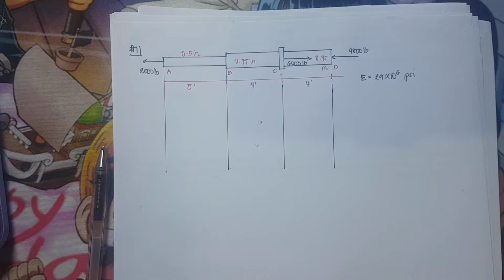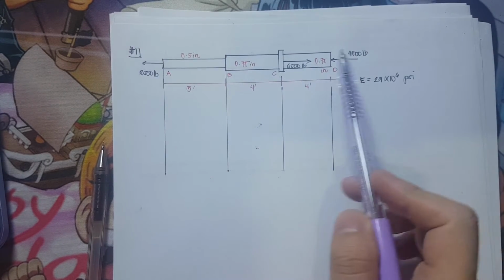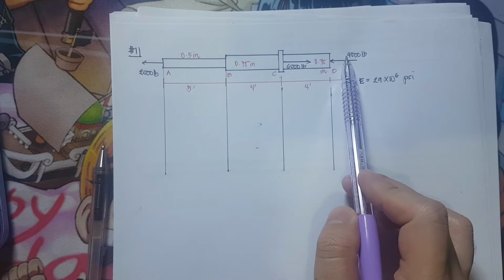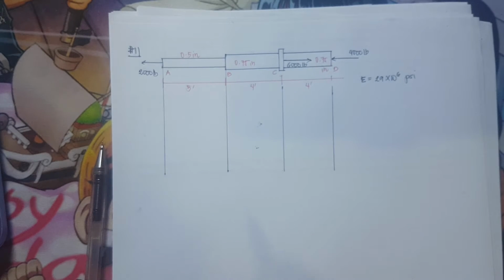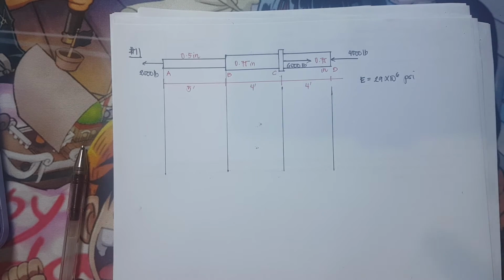So we can solve for the force on A, force on C, and force on D by using the equilibrium equation. But like what we have discussed on our first meeting, we can solve it with the help of the axial diagram.